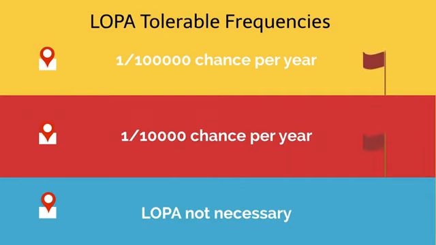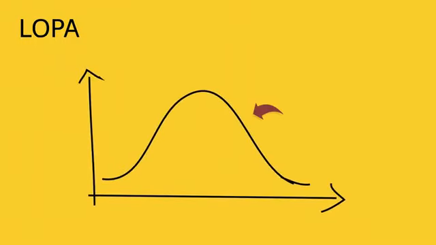The next question is, how do we reach the target tolerable event frequency? How would we demonstrate that we meet, for example, a 1 in 10,000 chance of fatality? How does a LOPA actually work? A LOPA is a semi-quantitative methodology that uses single probability values rather than using probability distributions.